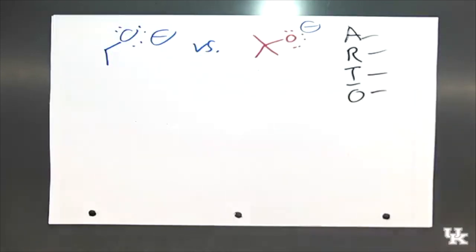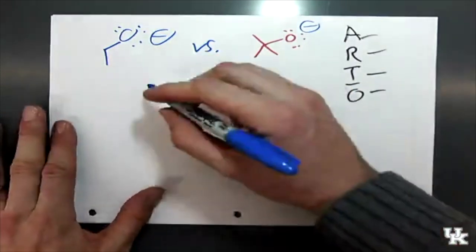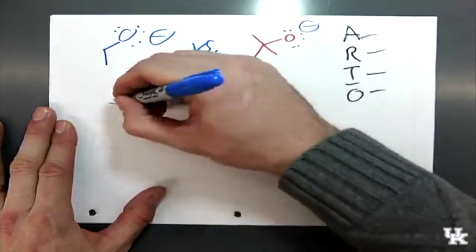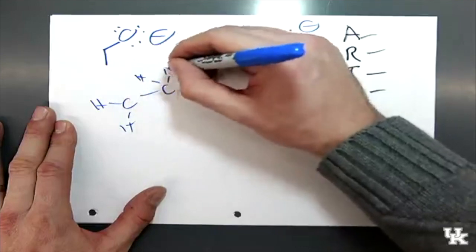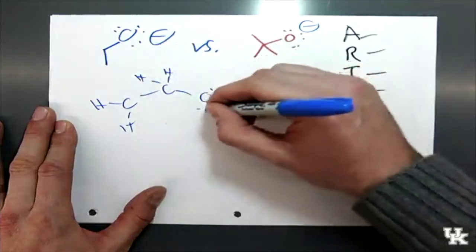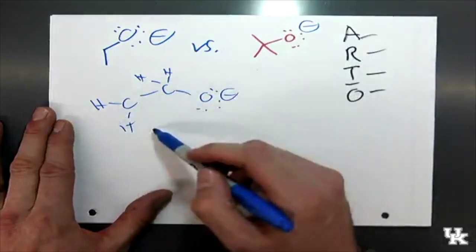If you have two chemicals that you can't separate using the REO rules, in general, you can say that there's a difference based on how big the molecule is. Okay? So if you imagine you have C with a couple H's, C, H, H, O, that has some size, right?